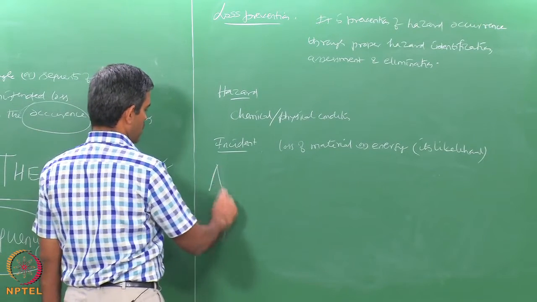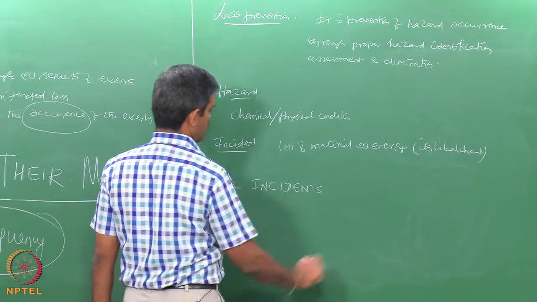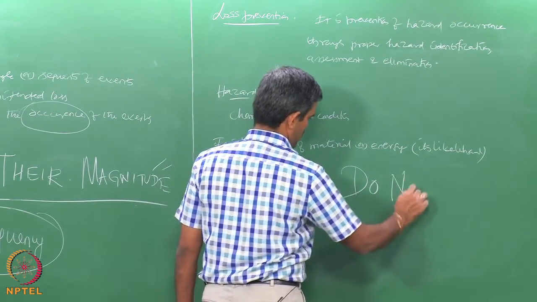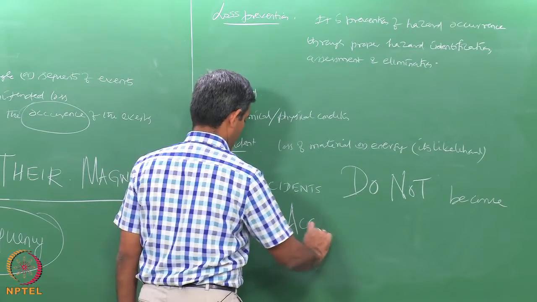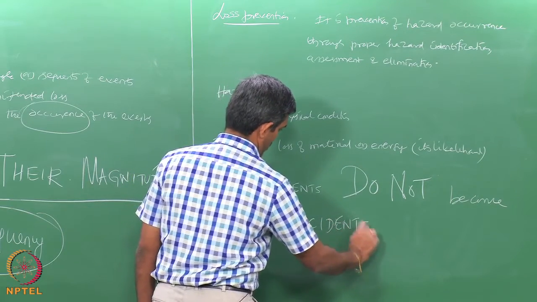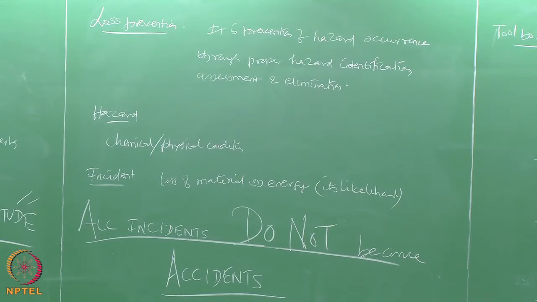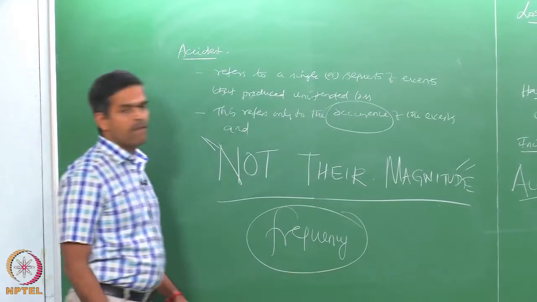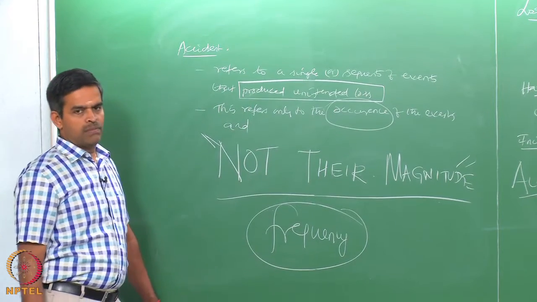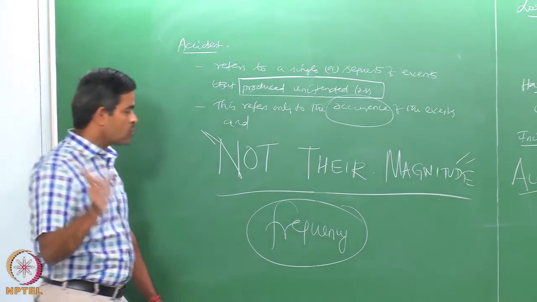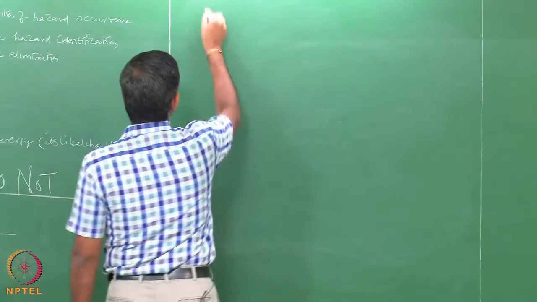Please understand, all incidents do not become accidents, whereas an accident is a singular sequence of events which has produced definitely an unintended loss. But still, even in accident description, we do not talk about the magnitude, we only talk about the occurrence or frequency of occurrence of the incident.